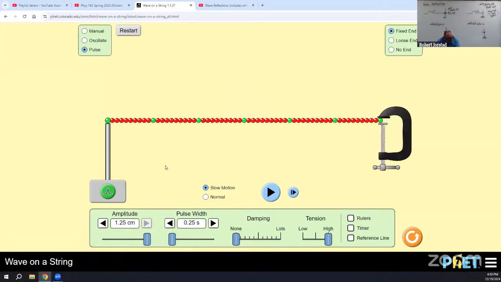Let's restart this. Let's do the same exact thing, and I want you to think about this. As we get close, what should happen? That clamp is huge, right? It's not going anywhere, so think what should happen. The string pulls up on the clamp. By Newton's third law, the clamp pulls down on the string, and that's going to cause this pulse to momentarily disappear.